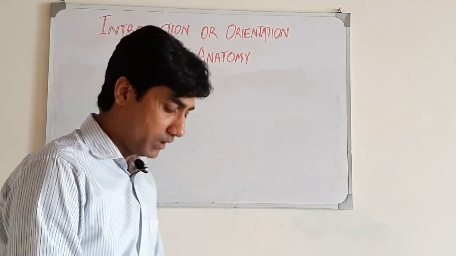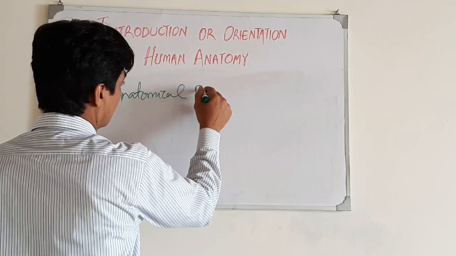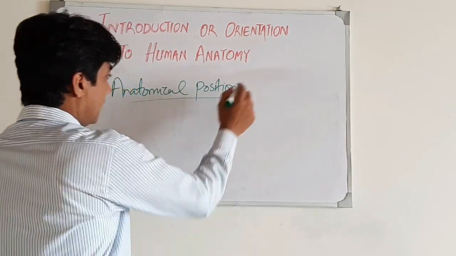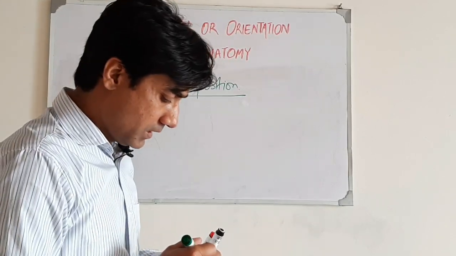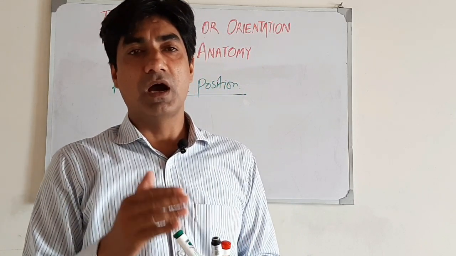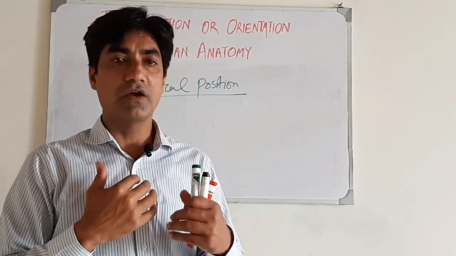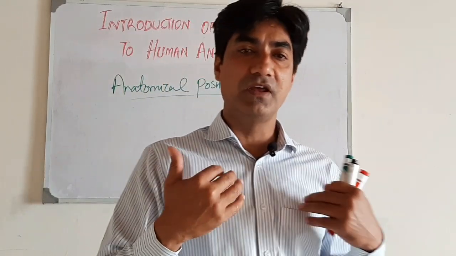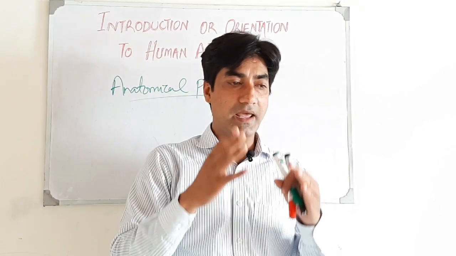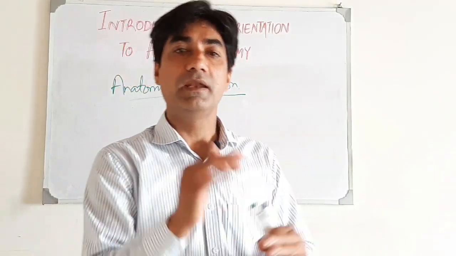What is anatomical position? In anatomical position, we see the proper location of the structure of that organ, because where is the aorta, where is the thymus gland, where is the proper location of the heart, and how to describe that organ in a proper way.